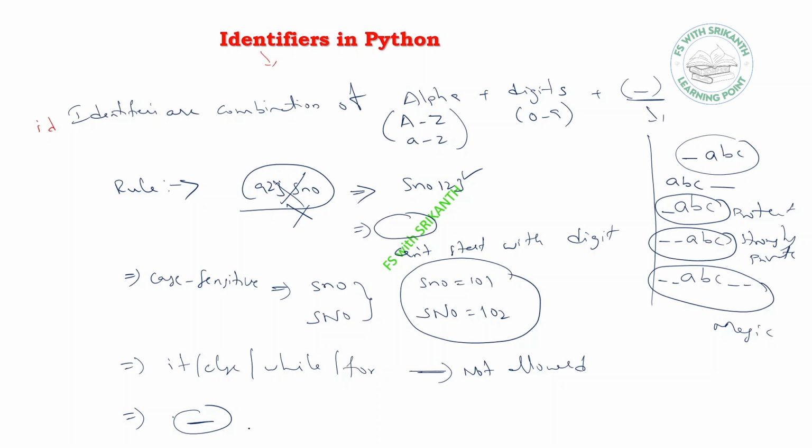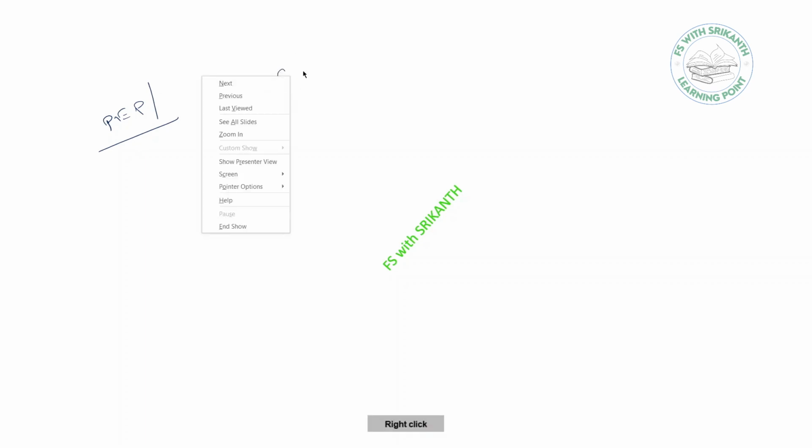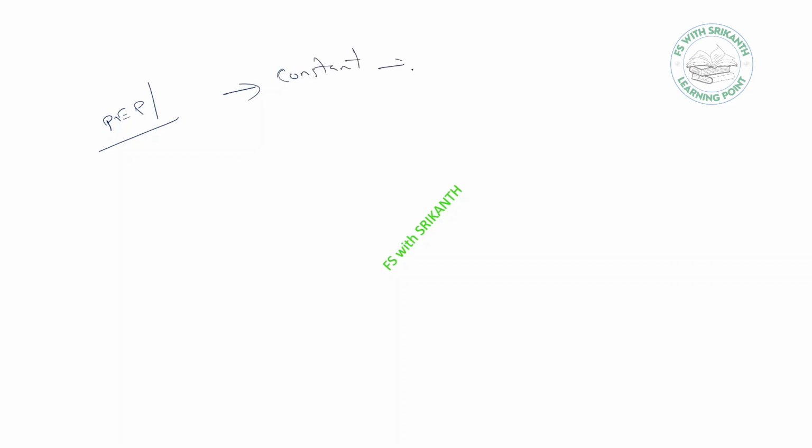And there is no limit on the length of variables. When declaring variables, you should follow some rules as per PEP 8. As a developer, while declaring any constants, use uppercase, and for general variables use lowercase.